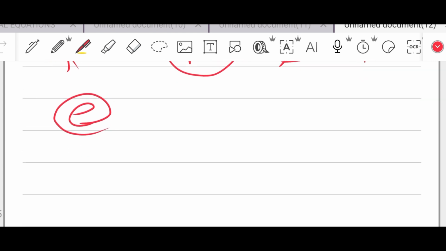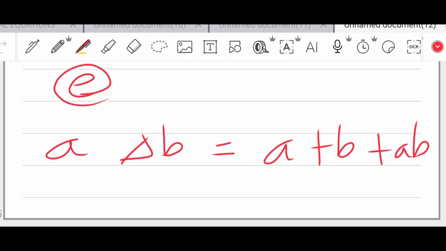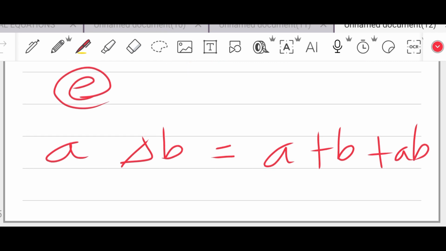For example, you have A operation B. The rule should be given, where we can have A plus B plus AB. In this case, what we are saying is that to operate any two elements, we combine the first element, the second element, then we find the product of the two.